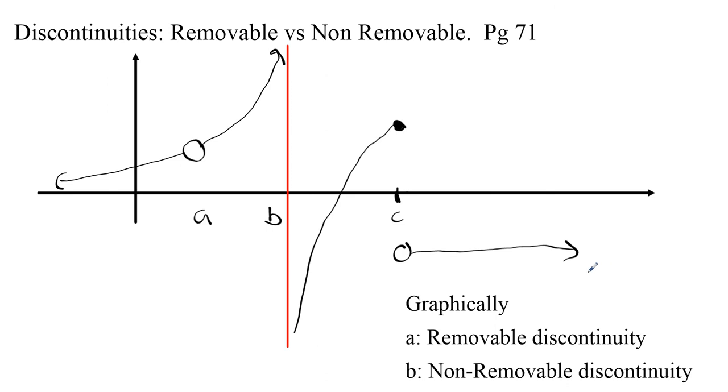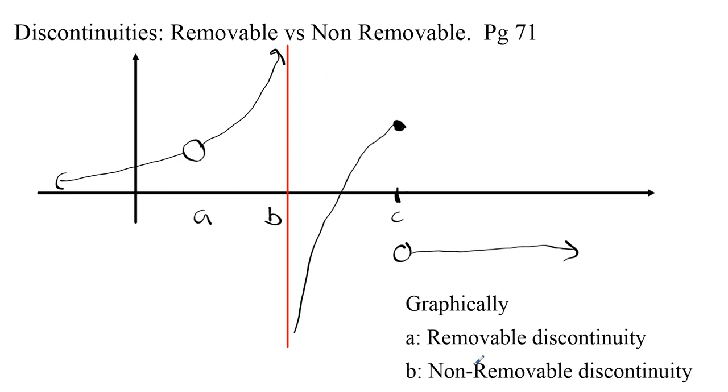So graphically, a removable discontinuity is a discontinuity where the limit still exists, but the value of the function doesn't exist, or the value of the function is not equal to the limit. So that would be a removable discontinuity.